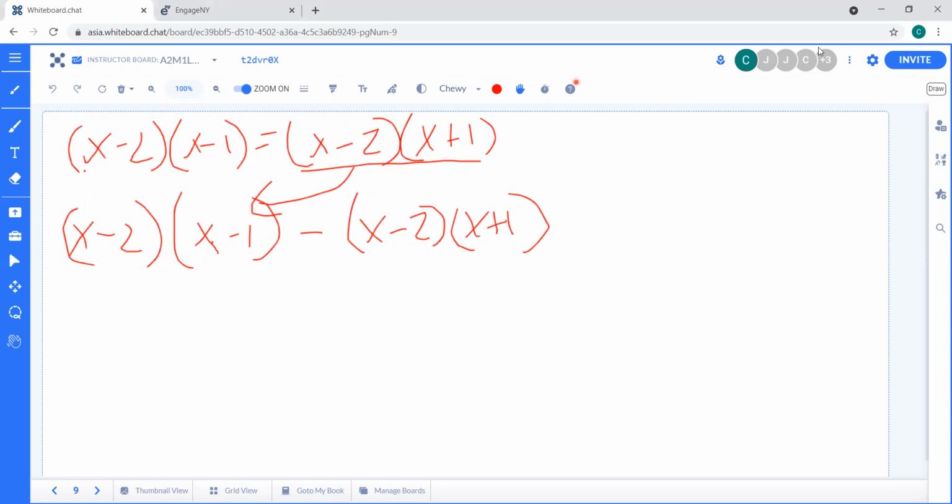Now, this is what got some of you on the quiz. We've got an x minus 2 factor that's in both of them. So let's factor that out, move that to the front, and we're left with x minus 1 minus x plus 1.